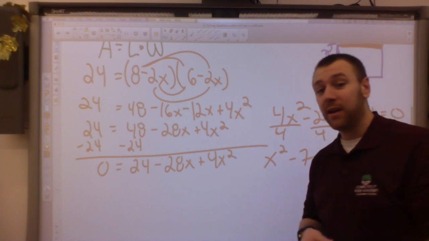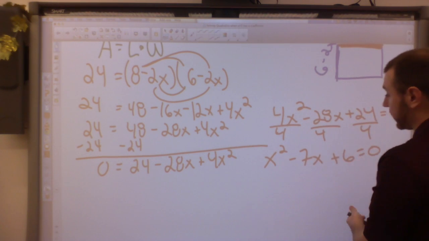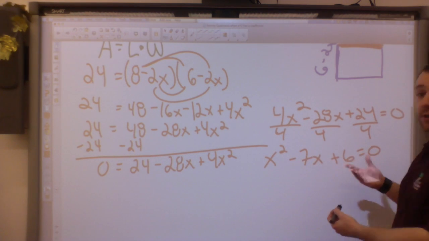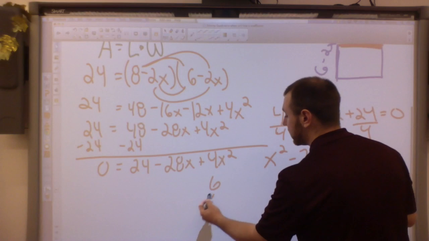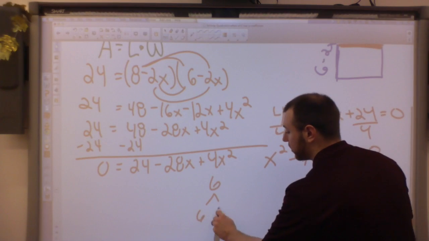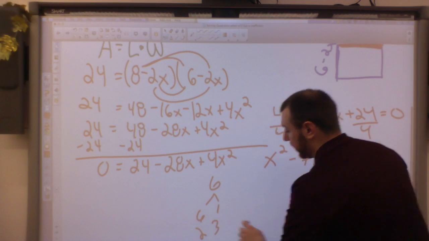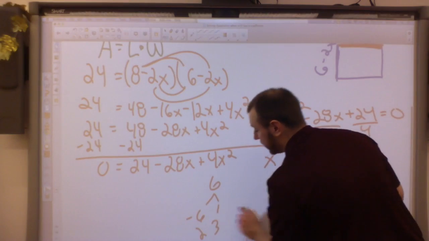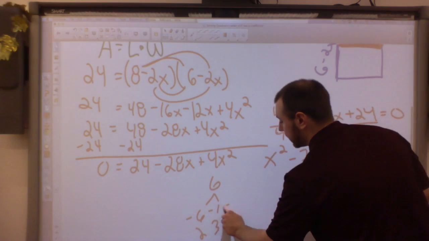So now it's a lot easier. Now I don't have a number other than 1 in front of x squared, so I just look at the factors of 6. What multiplies to 6? Well, 6 and 1 and 2 and 3. Which ones are going to add up to negative 7? Well, if I change both those to negative, that becomes negative 7.